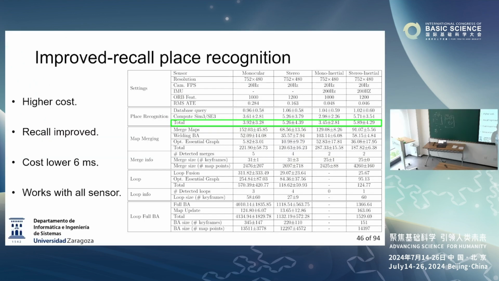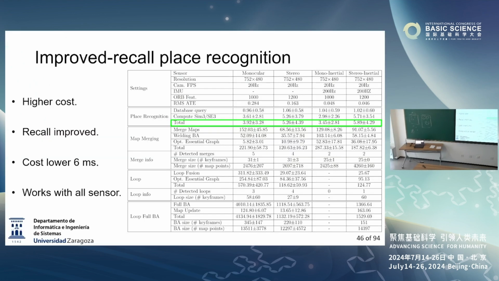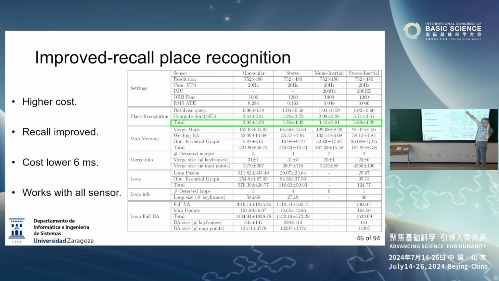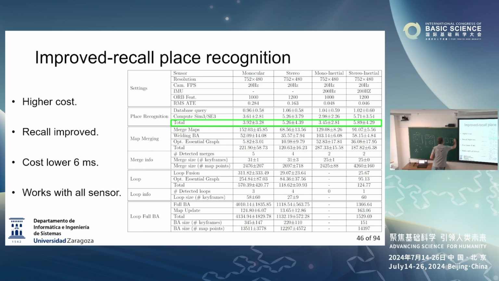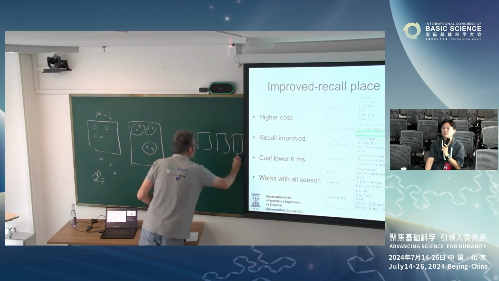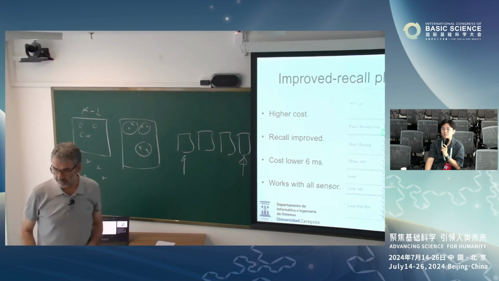Well, for example, here, let's go to monocular. So here, for this image size, this is the frame rate. For the place recognition, the way the system works is you have a video, and then you select some frames which are separated, which are called keyframes.